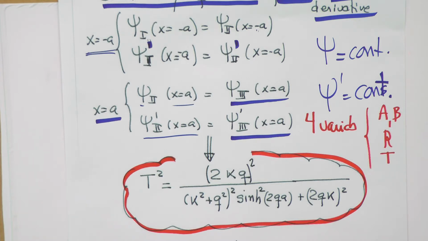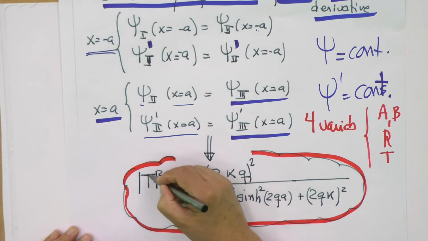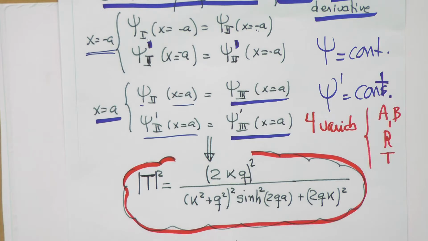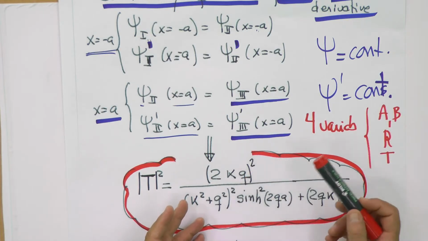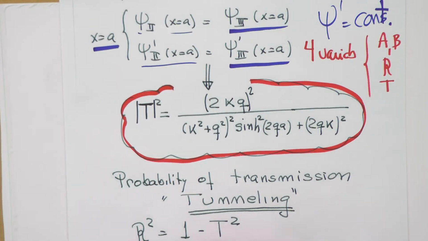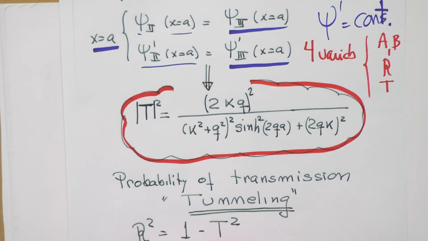And just for completeness, I'm going to call these moduli, to keep the same language that I was using before. So there is a finite probability, because k is not 0 and q is not 0. Both k and q are not 0, and they must compose this transmission coefficient. So there is a real probability for the particle to pass through.